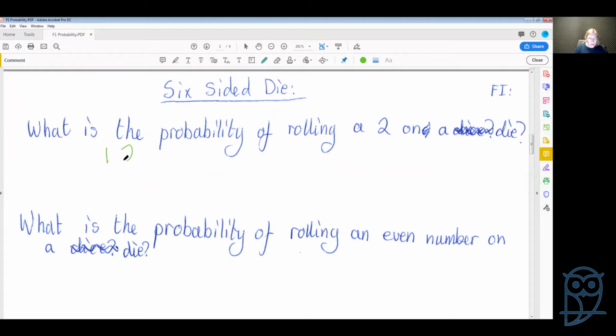So we can write down all of the different ways that we can get an outcome on the dice. We can roll a 1, a 2, a 3, a 4, a 5, or a 6. So what is the possibility of rolling a 2? Now, if we want the probability of rolling a 2, then we need the amount of 2s over the total amount.